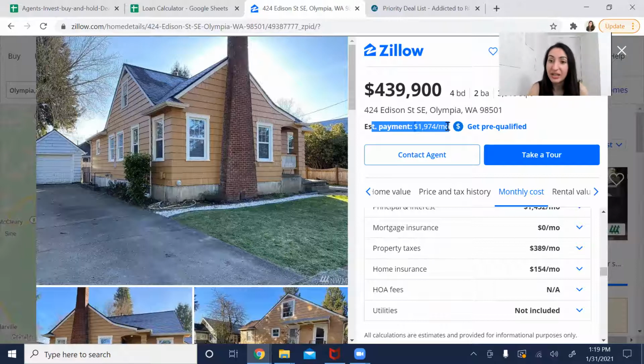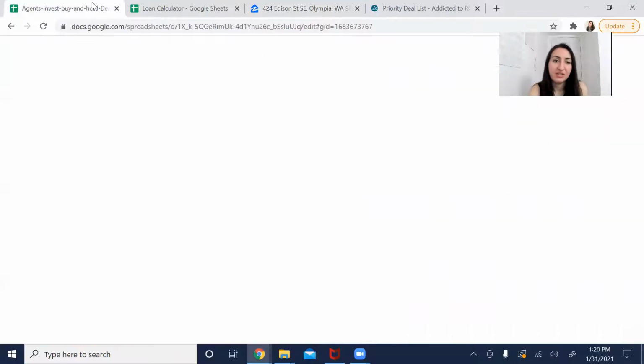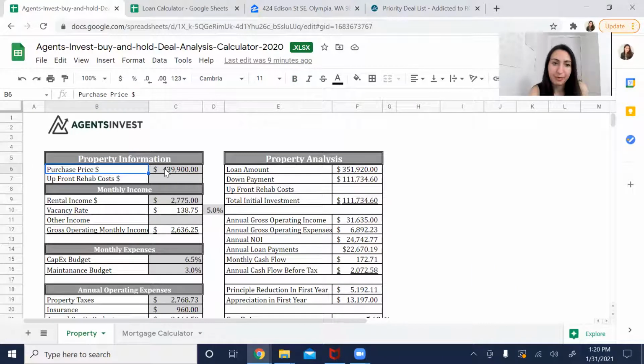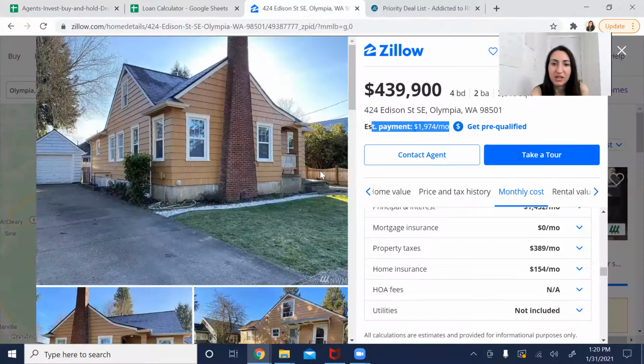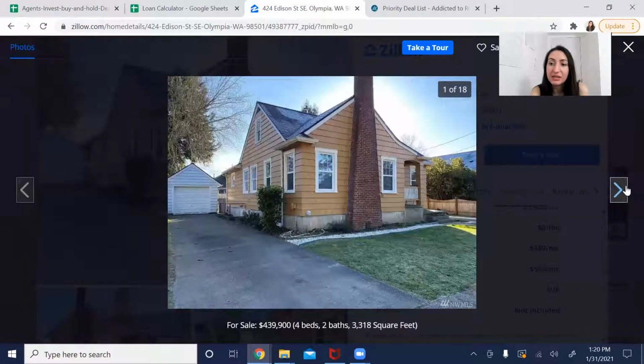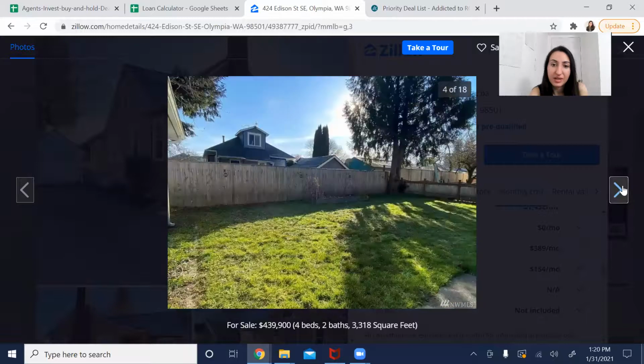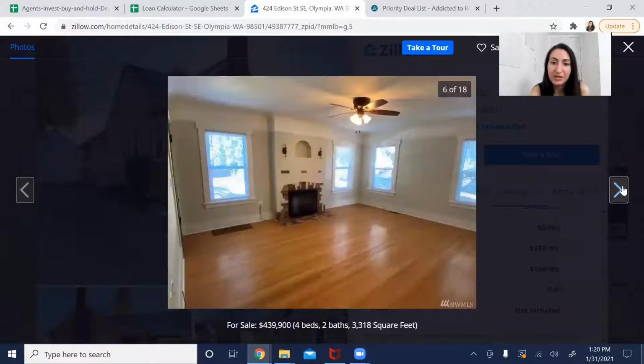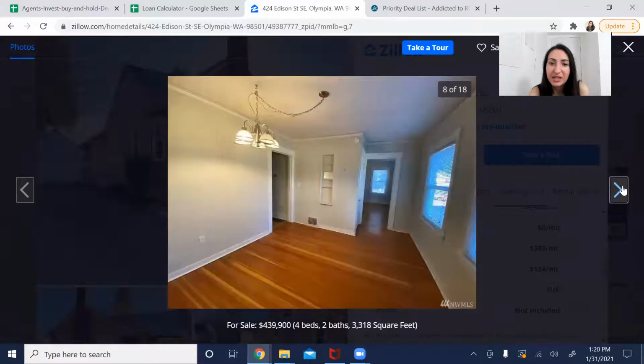So you can take a look at what Zillow tells you, but you can also do your numbers yourself. So here I put the price that they are asking, and I didn't put any upfront costs, because if you look at the property, it's pretty cute already. So no need to do anything.